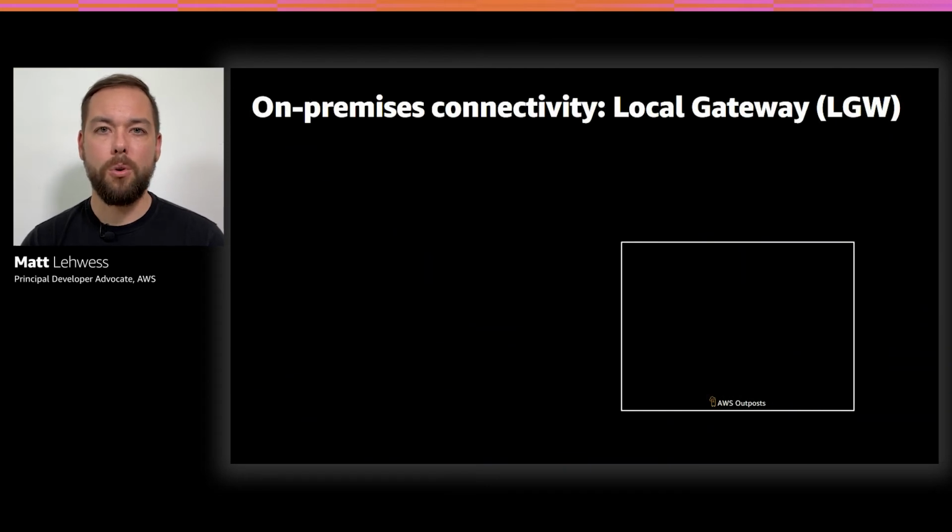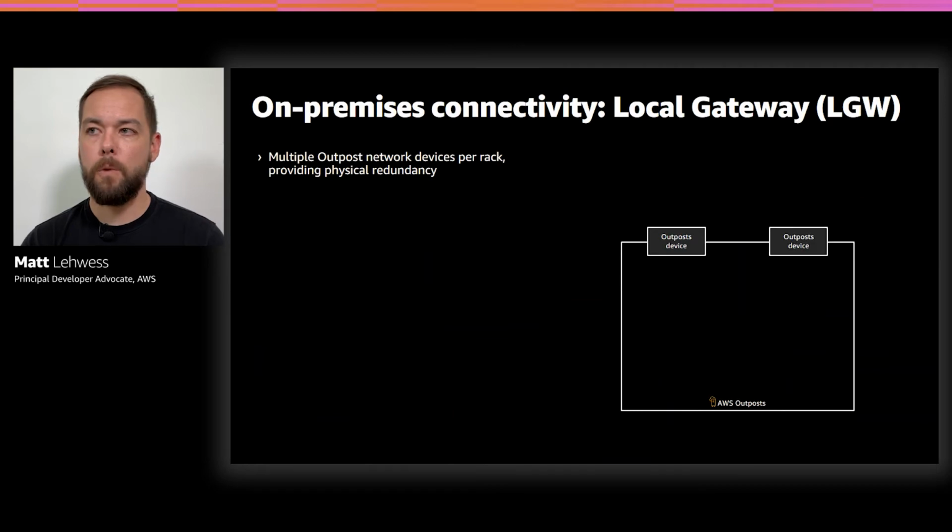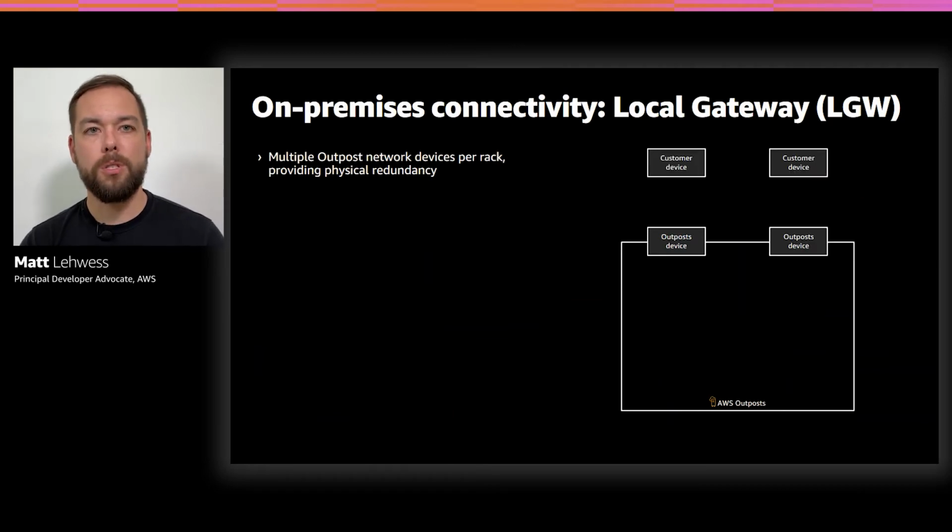Now, if we talk about local connectivity, we've essentially got our Outpost devices, which are the switches you saw in the rack photo earlier. They're sitting in the center of the rack and they're connected to your devices.